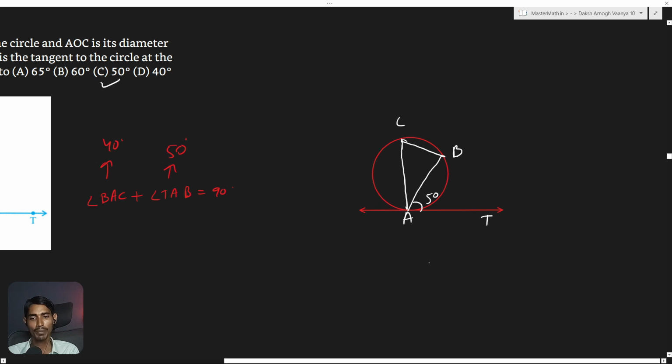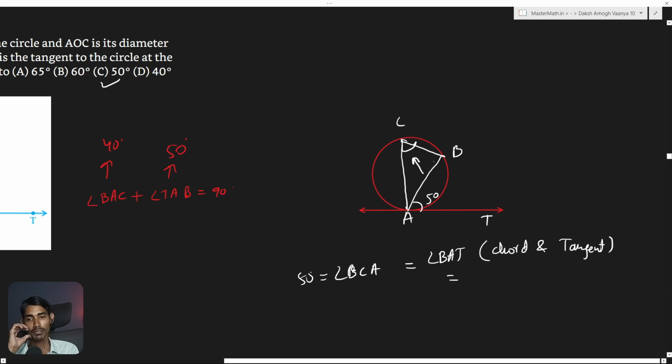So this angle BAT, between the chord and tangent, would be equal to the angle made on the opposite side of the circle. BA was the chord and the angle on the opposite side is C. So that would be equal to BCA. Both are 50.